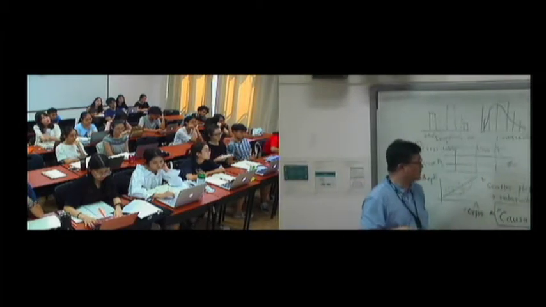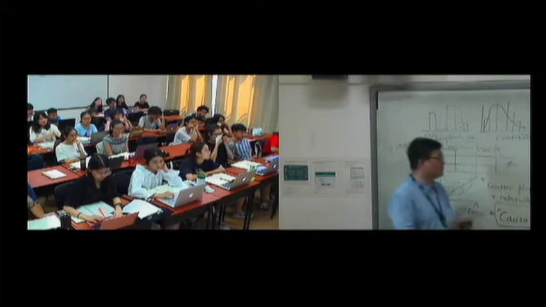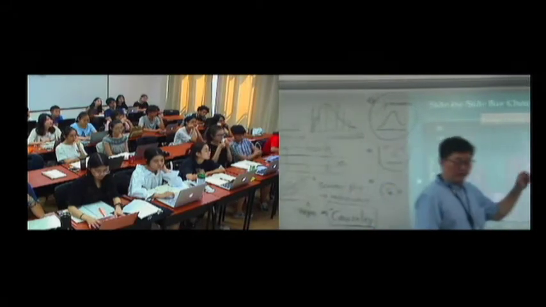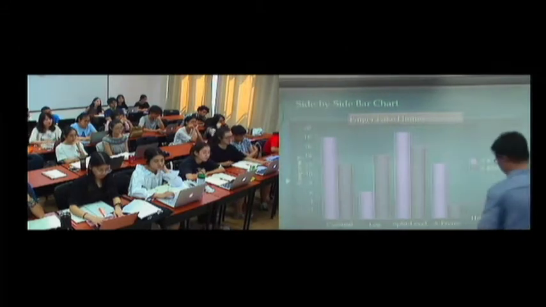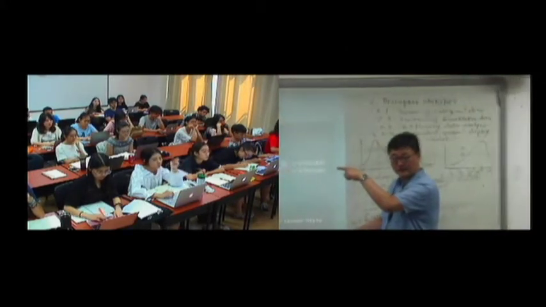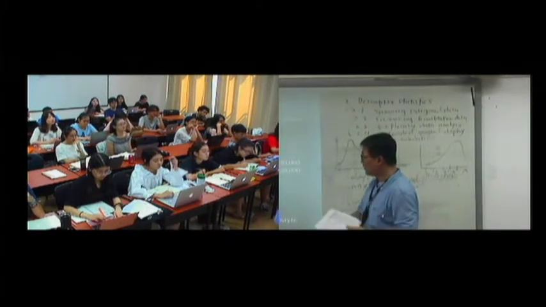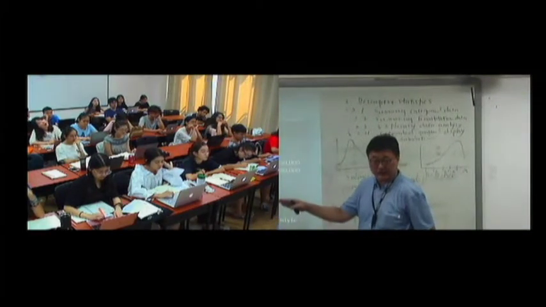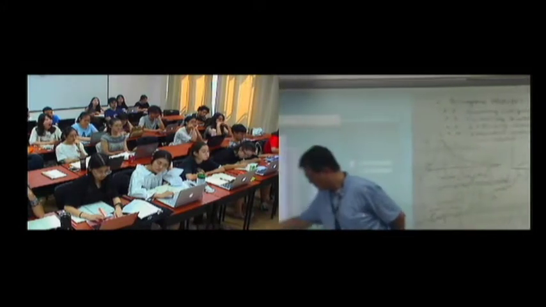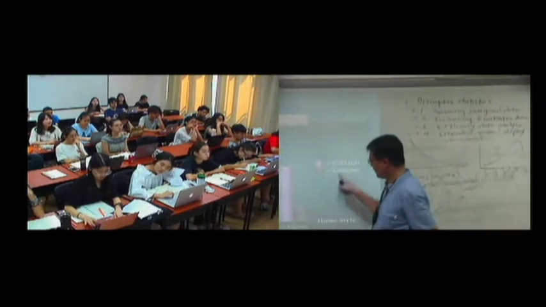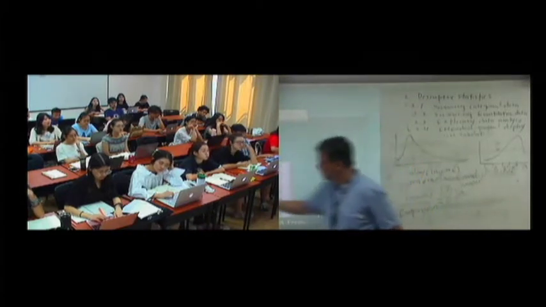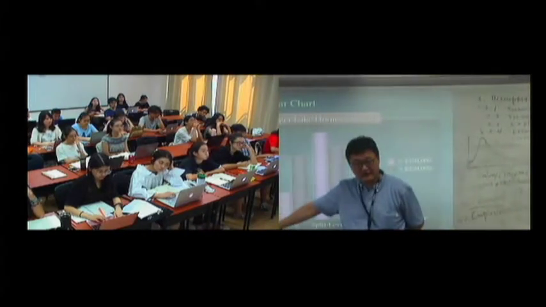The side by side bar chart looks like this. We have two variables, and we have four categories in the cross table. Then we can display like this, by category, and we compare these two side by side.